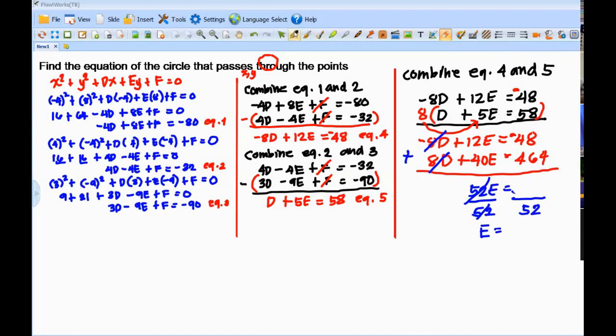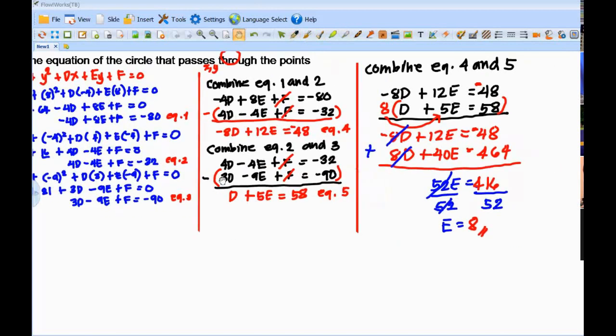Right, so that's the mistake. 416 divided by 52, so it should be 8. All right. Yeah, because I remember the answers yesterday were all whole numbers.